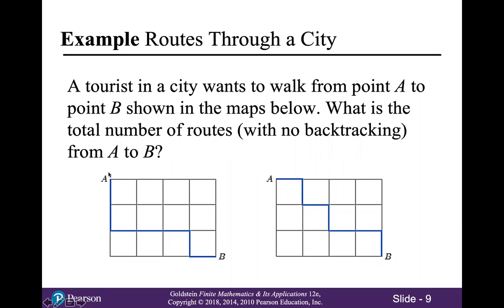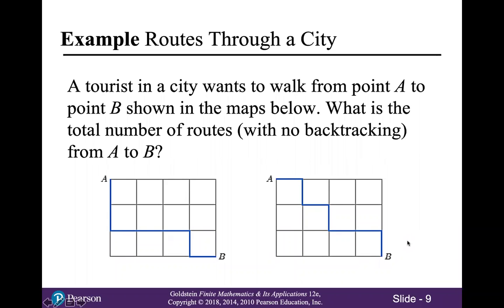In this example, the tourist walked 2 blocks south, and then 3 blocks east, and then 1 block south, 1 block east. So we could represent that route by writing S-S-E-E-E-S-E. Or this route goes E-S-E-S-E-E-S.